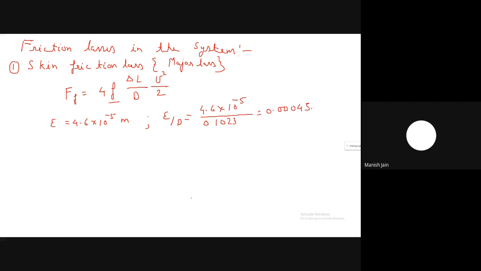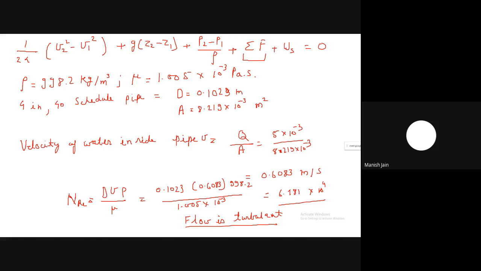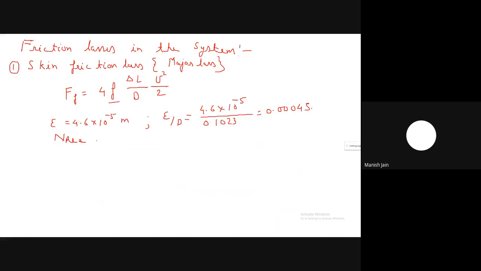This is the value of psi by d. Now, the Reynolds number value you have calculated before, so it is already known. That is equal to 6.181 multiplied by 10 to the power 4.